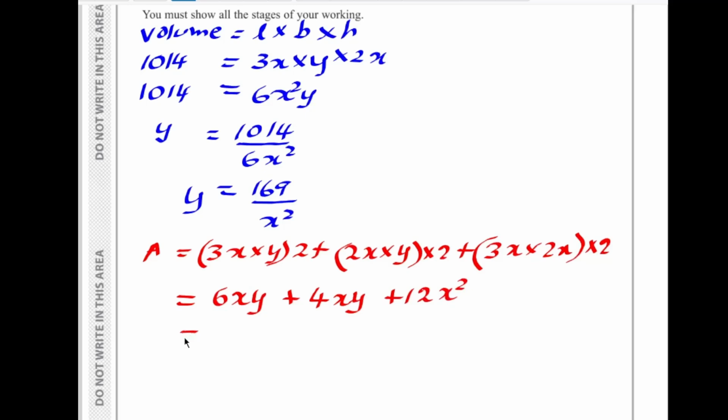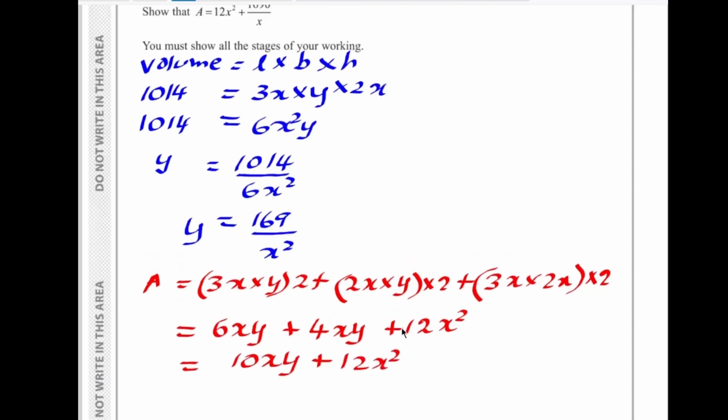Let's simplify a bit more: 6xy plus 4xy is 10xy plus 12x squared.